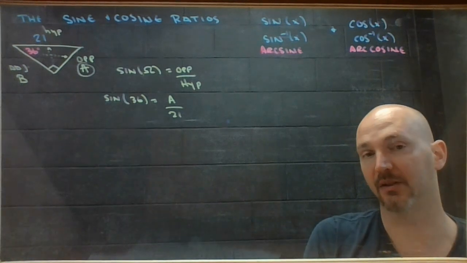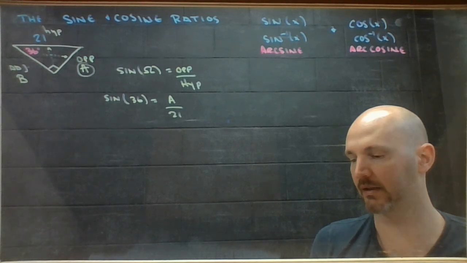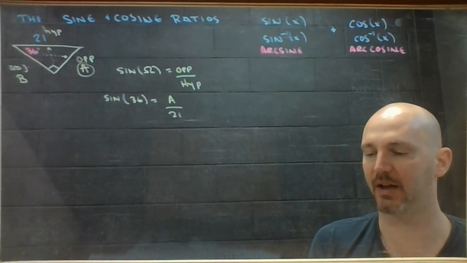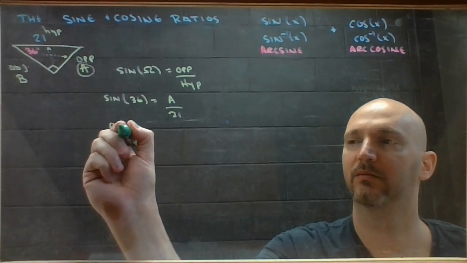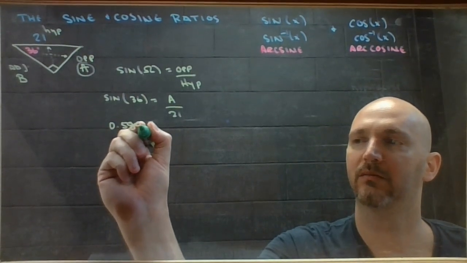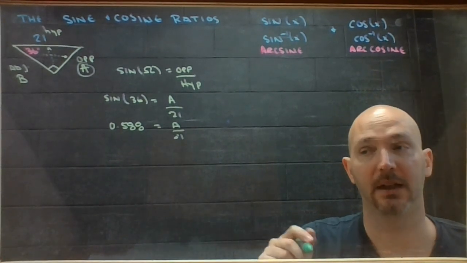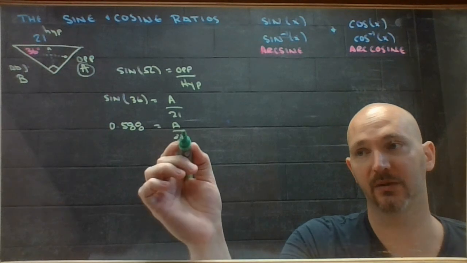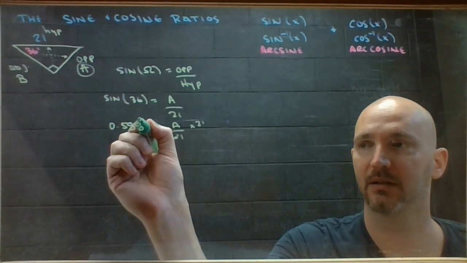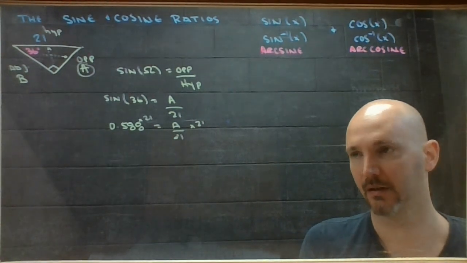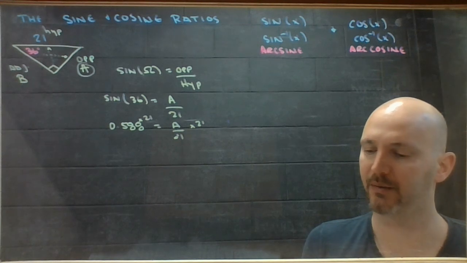Sine 36 I can just get from a calculator. Sine 36 gives me 0.588 if I round it. And just a little bit of algebra to finish. I need to break this division, so I'm going to multiply by 21. And on the left side, I get 12.343.